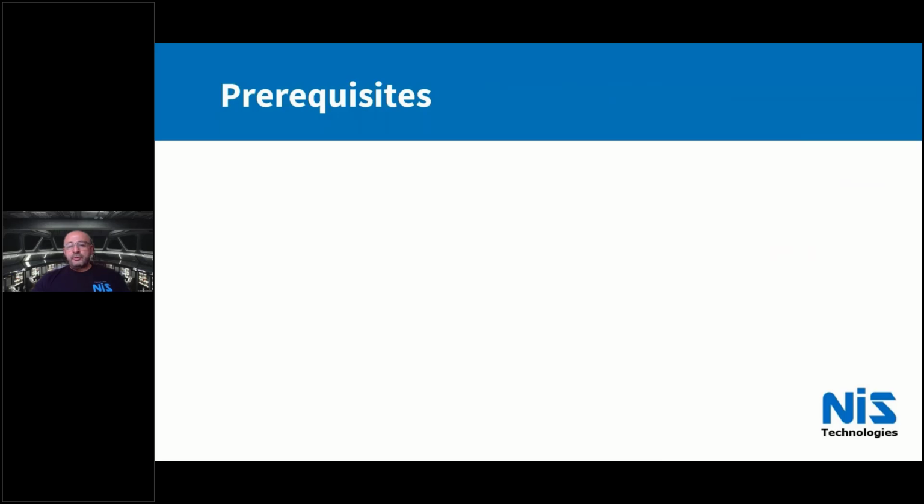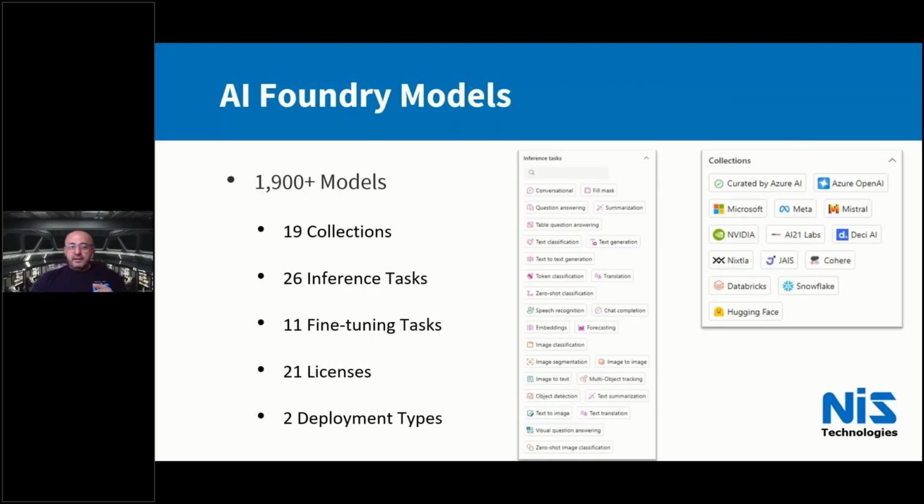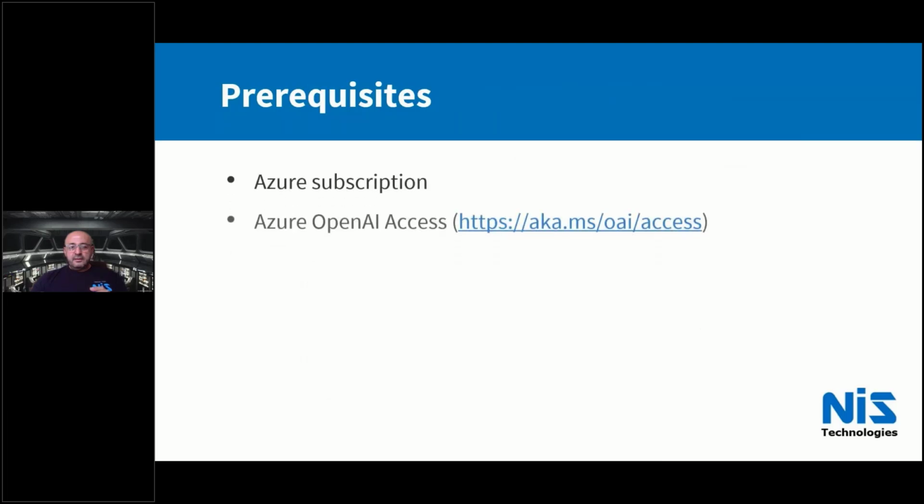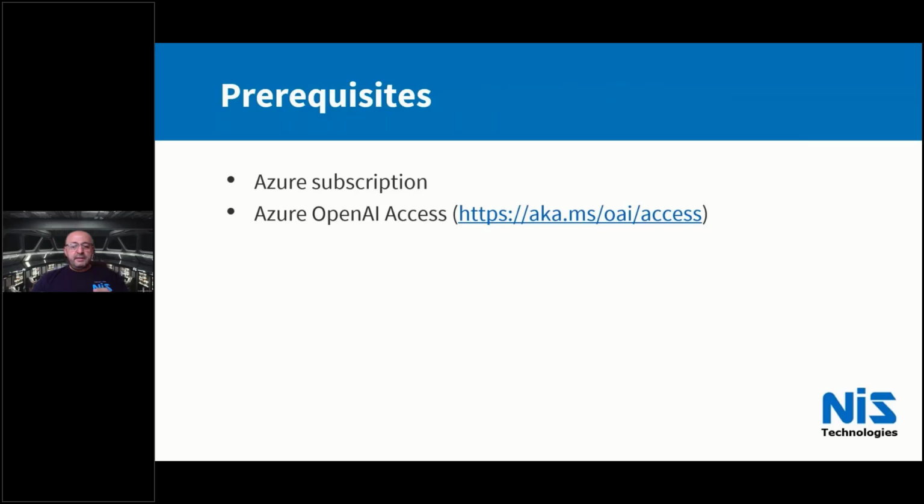So what are the prerequisites? There is the Azure subscription that's necessary because, again, everything starts with Azure. Then I would need the OpenAI access to be able to access the models.